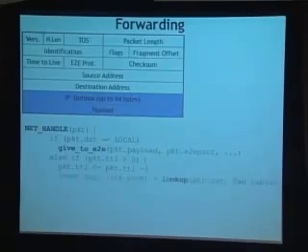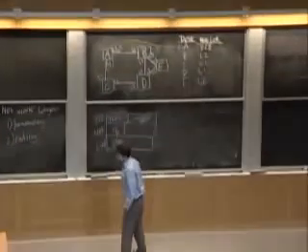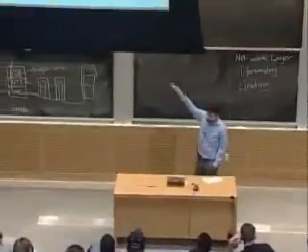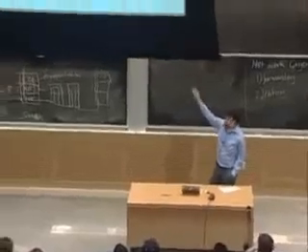After we decrement the time to live, we look up in our forwarding table the next link that we want to use. What I've shown here is that we look up not only the address, but also the protocol to use and the name of the next link.